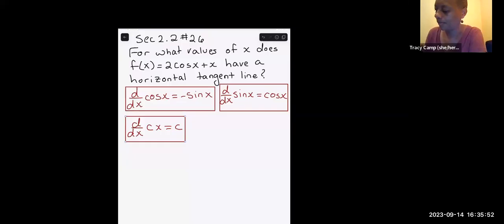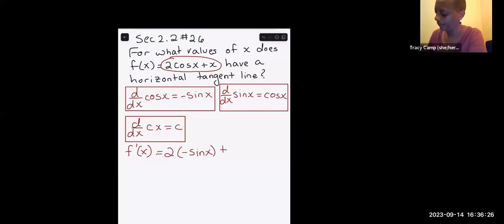So that said, my function is 2 cosine of x plus x, so my derivative will be 2, so I'd bring the 2 down, and then I take the derivative of cosine, which is negative sine.